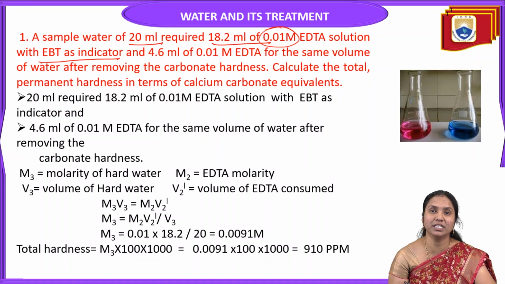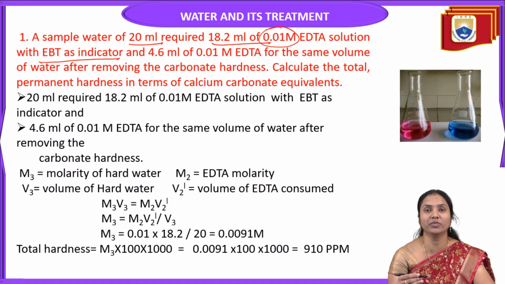It forms complexes with hardness causing ions present in water, which are calcium and magnesium ions of bicarbonates, chlorides, and sulfates. The amount of these ions in the given water can be easily estimated by using EDTA solution. Here we are using Eriochrome Black T, EBT, as the indicator.